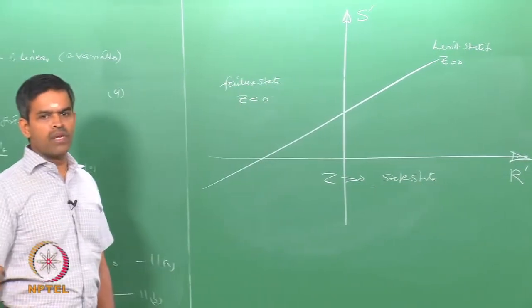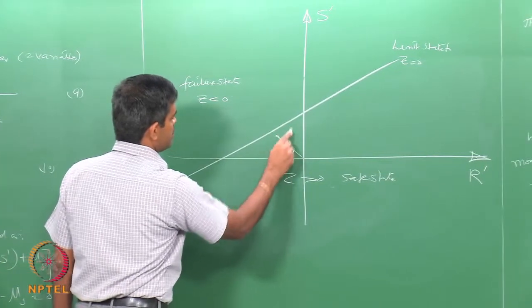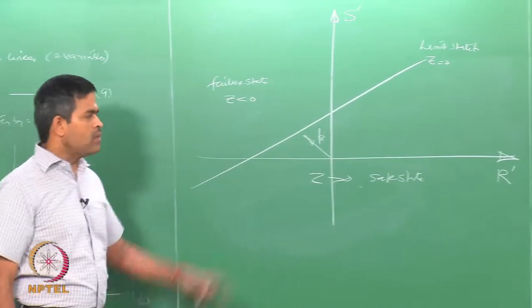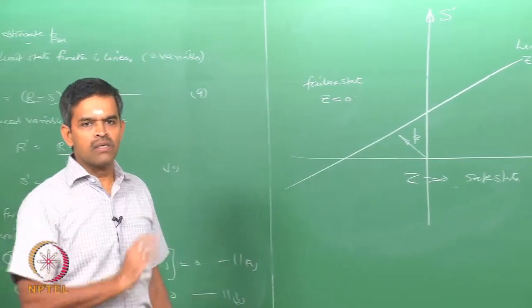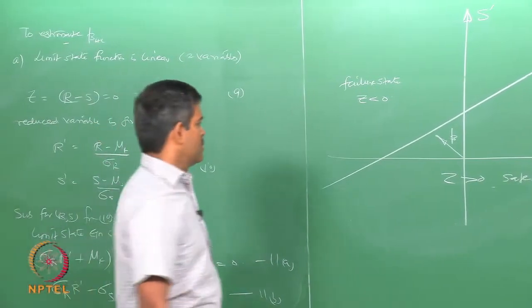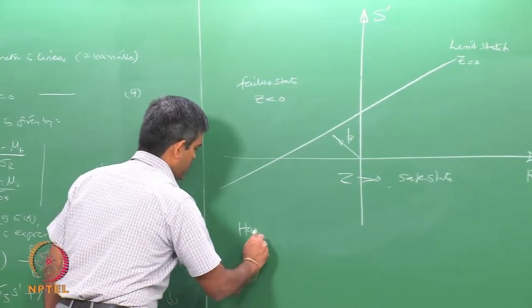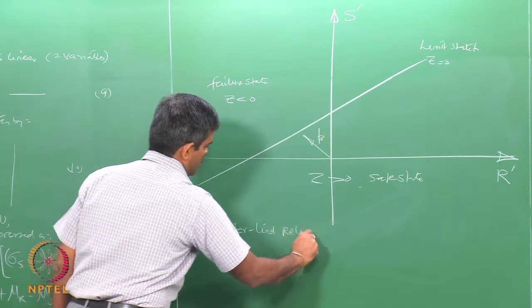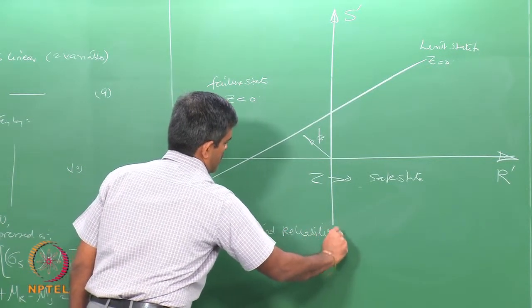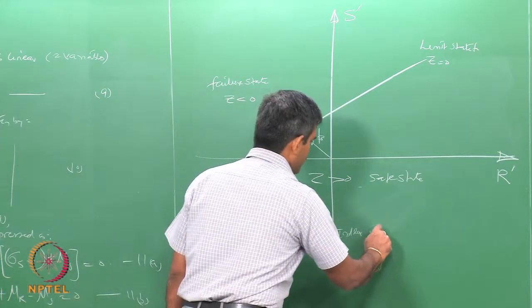Now, what we are worrying about is the distance beta from the origin to the limit state function. That is what the worry is. So, it is actually the Haushofer-Lind reliability index with linear performance function.